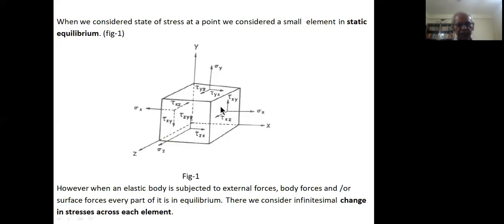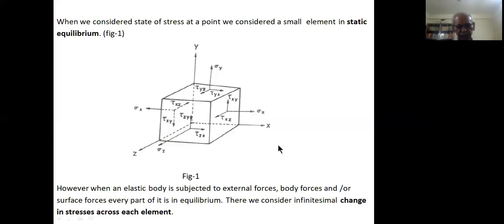So essentially, this figure tells you that on a single element, the stresses balance each other. But when we look at an elastic body subjected to external forces, including body forces and or surface forces, every part of the body must be in equilibrium.